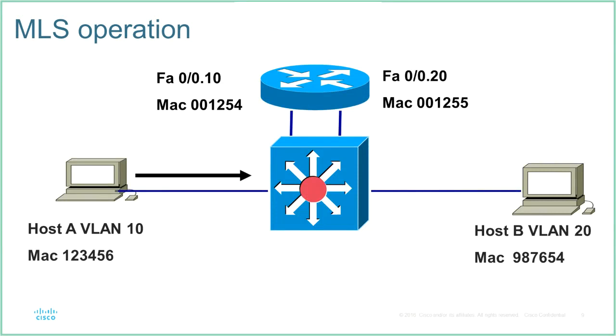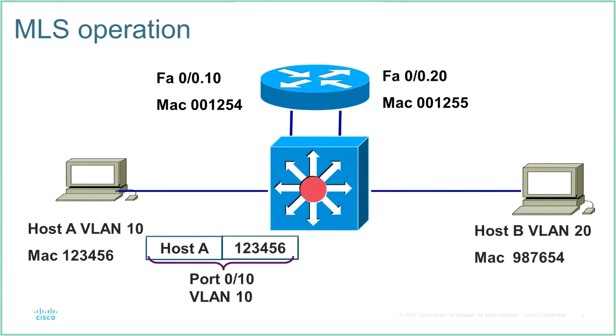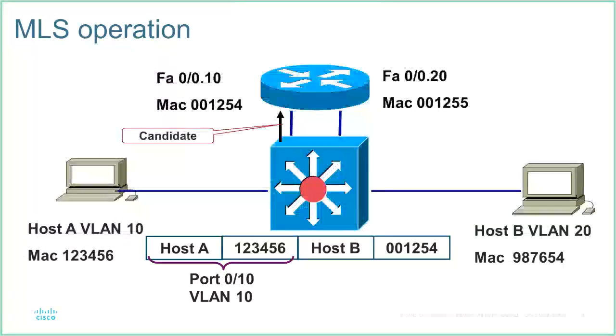When traffic comes in from VLAN 10, it's on the port and VLAN with the host MAC address as the source, and it's looking for that routing interface to pick it up and forward the traffic. So when it's sent up from the switch to the internal route processor, it's called a candidate.